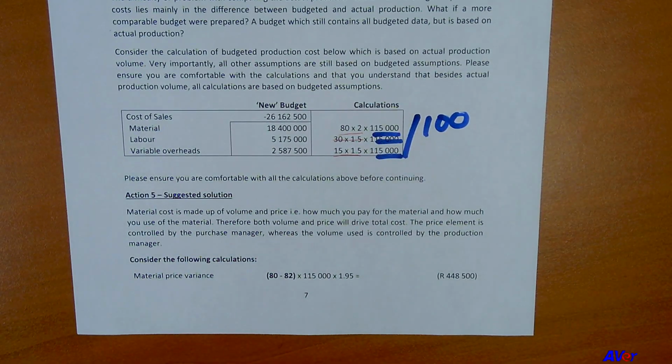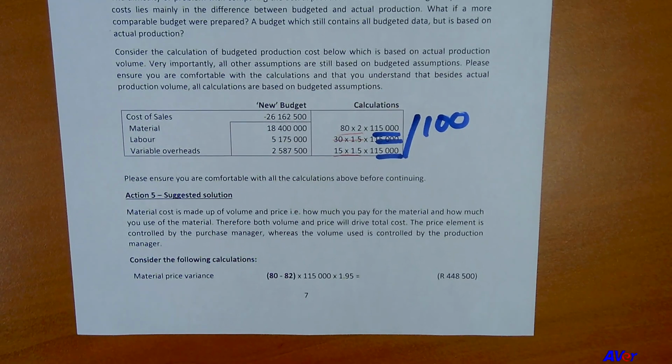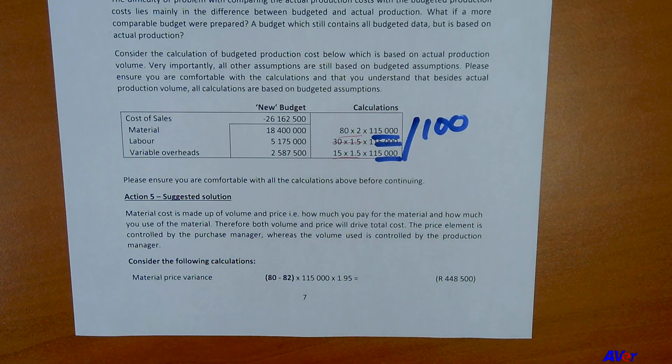So when you prepare a flex budget, the only thing that changes is the total production, or the total sales if you're flexing sales. But for the sake of this example, we are looking at cost of sales, so the only thing that will change is the total production. Your unit costs will remain the same. You will still do your budget based on your unit costs. The thing that will change for you is your total budget, and that is where the main difference was.